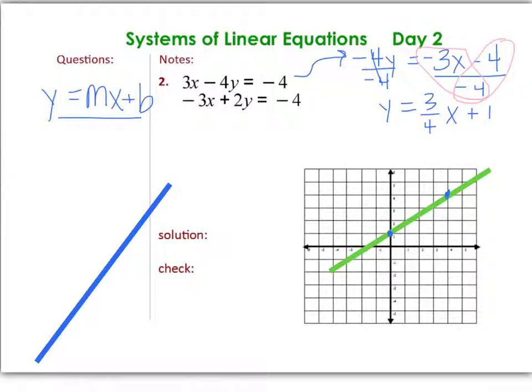Now I'm going to do my next equation, which is negative 3x plus 2y equals negative 4. I'm going to add 3x to both sides because I'm trying to get that y piece alone. My 3x's cancel, and I get 2y equals 3x minus 4.